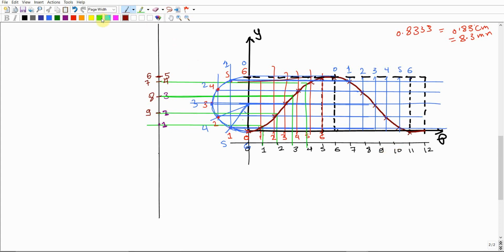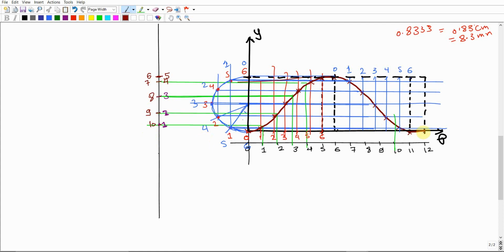And let us try to draw a vertical line. It's going to intersect. Then from this point of intersection, we draw a horizontal line or locate a mark up there. So this mark will also be considered with the mark number 1. So this is going to be the 10th.